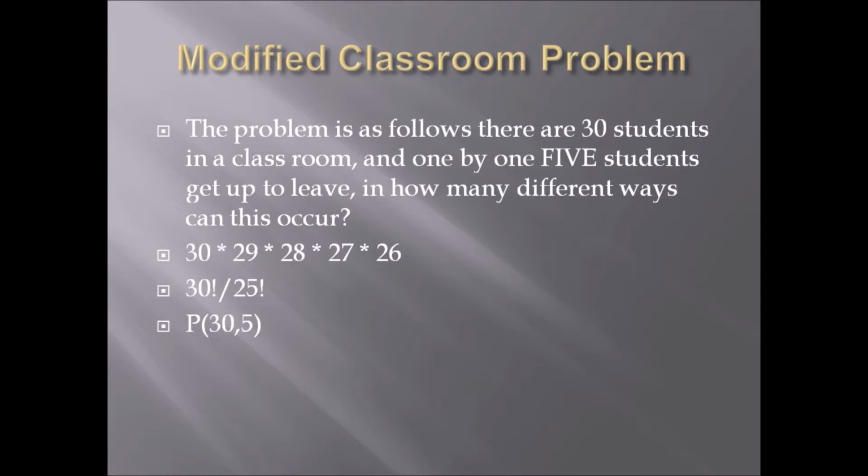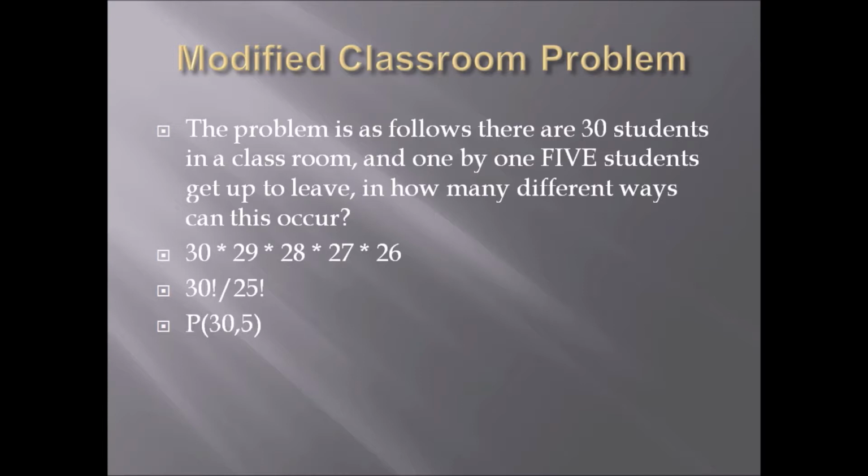So I'm going to modify the previous problem. 30 students are in a classroom, one by one. Only 5 students leave this time. How many different ways can this occur? Like the previous problem, we have 30 options for the first one, 29 for the second, 28 for the third, 27 for the fourth, 26 for the fifth.